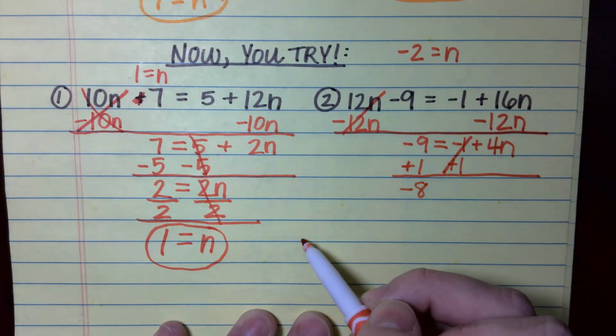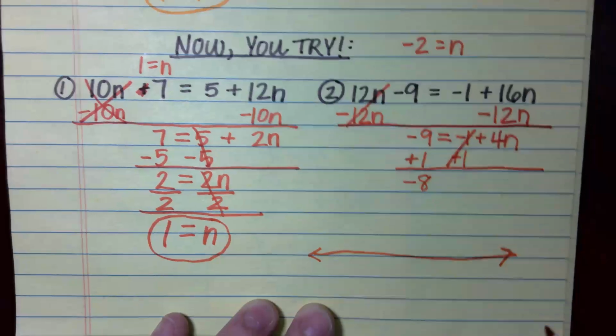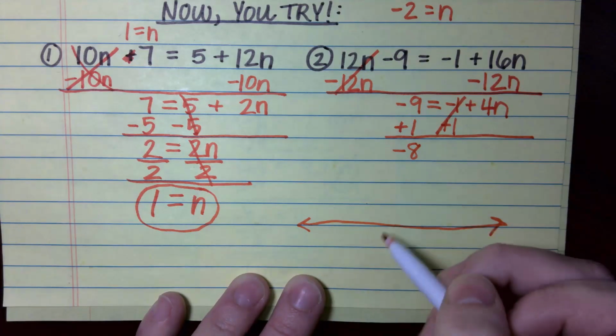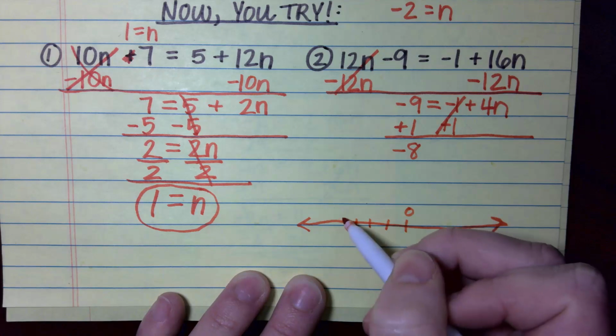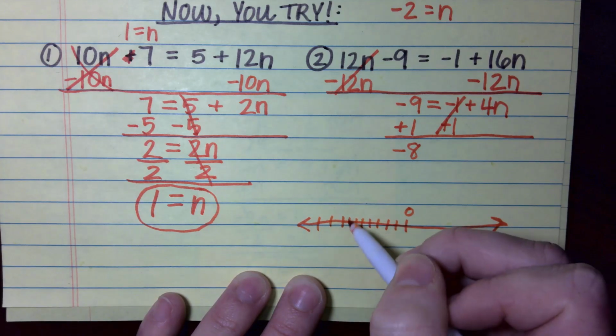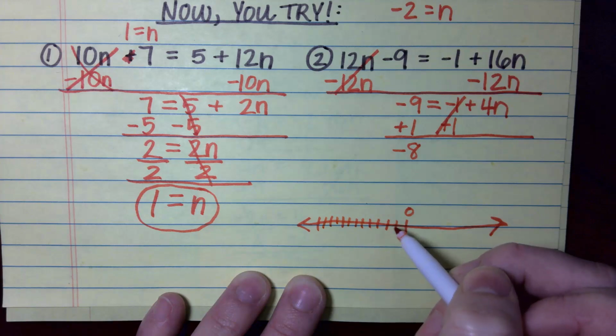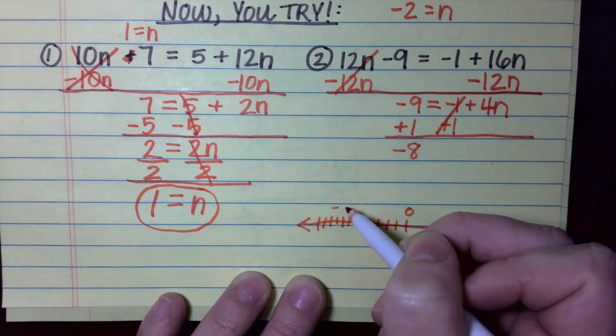I see you giggling. Okay, so here's my number line. It's not a very good number line, but okay, I've got 0, -1, -2, -3, -4, -5, -6. Oh my Lord. I gotta make some more points. Hang on. 1, 2, 3, 4, 5, 6, 7, 8. Okay, -8.